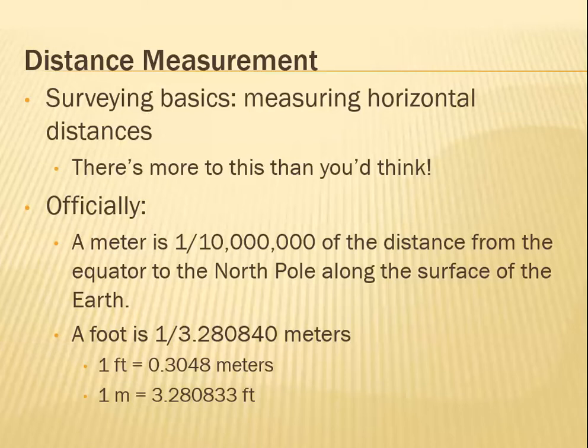Through the years, they've come up with different ways to determine what a meter is. And although we have this 1 over 10 millionth, things like temperature matter. There are so many things that are accounted for. So there are institutions here in the United States that take care of making sure that the meter stays a meter.